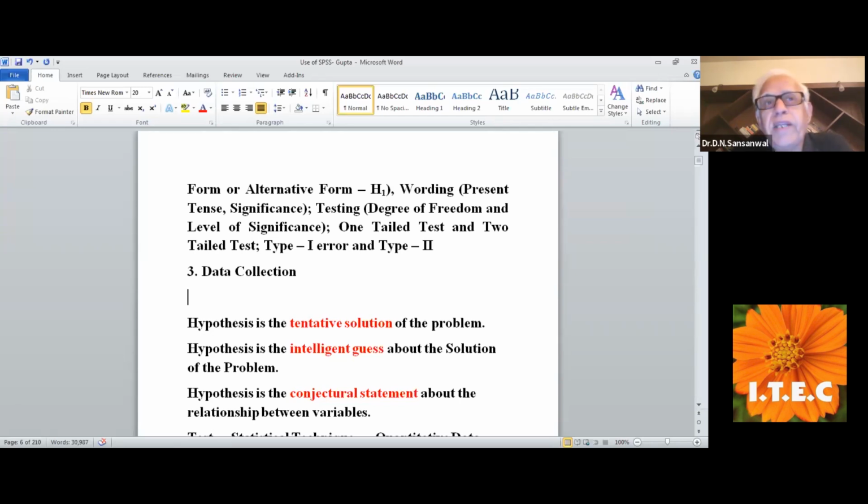You cannot read a book written by somebody else in which he or she has given the ideas of Mahatma Gandhi. No, that is not correct. So in philosophical research, you have to use the primary source only.